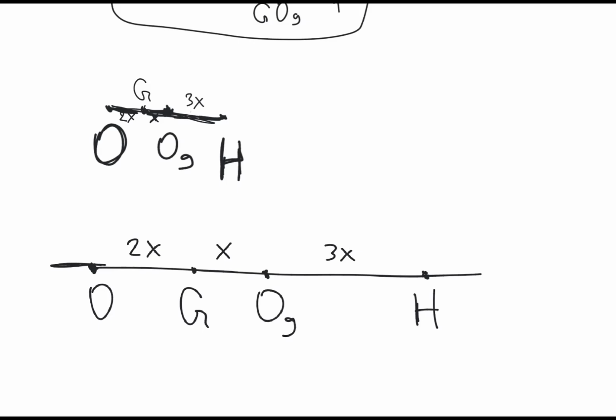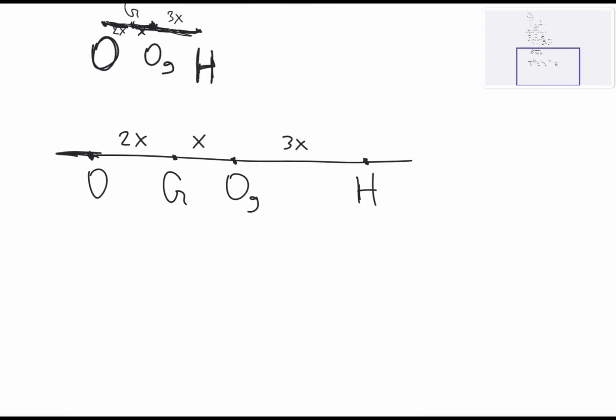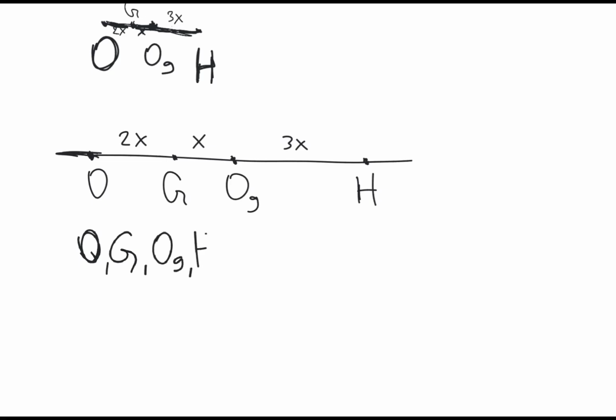All these 4 points lie on the same line, and the segments that they divide are in these ratios. So G, O9, and H are collinear.